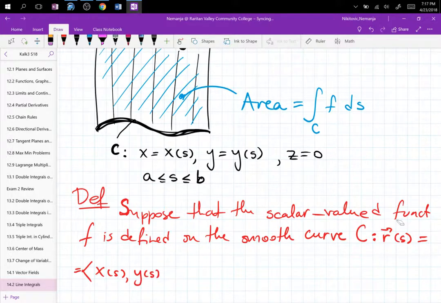We are using the arc length parameterization here, parametrized by the arc length s.